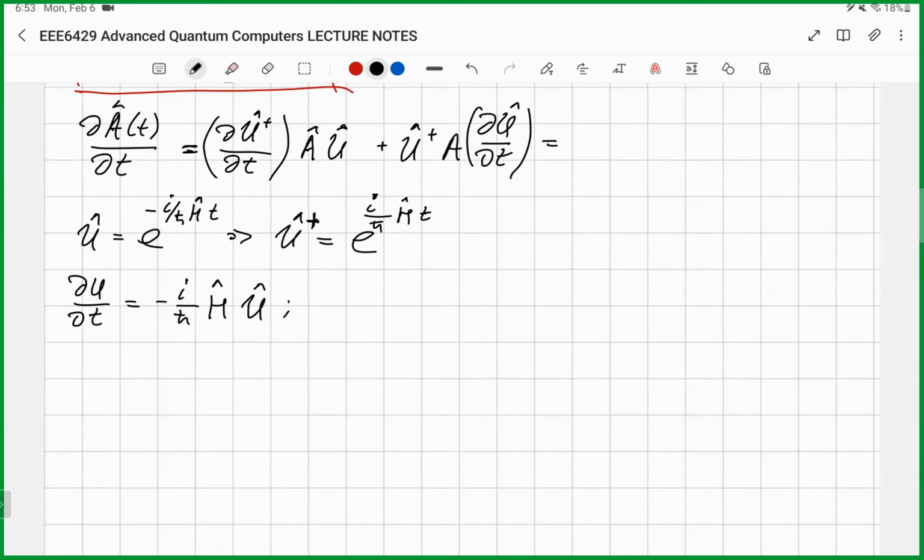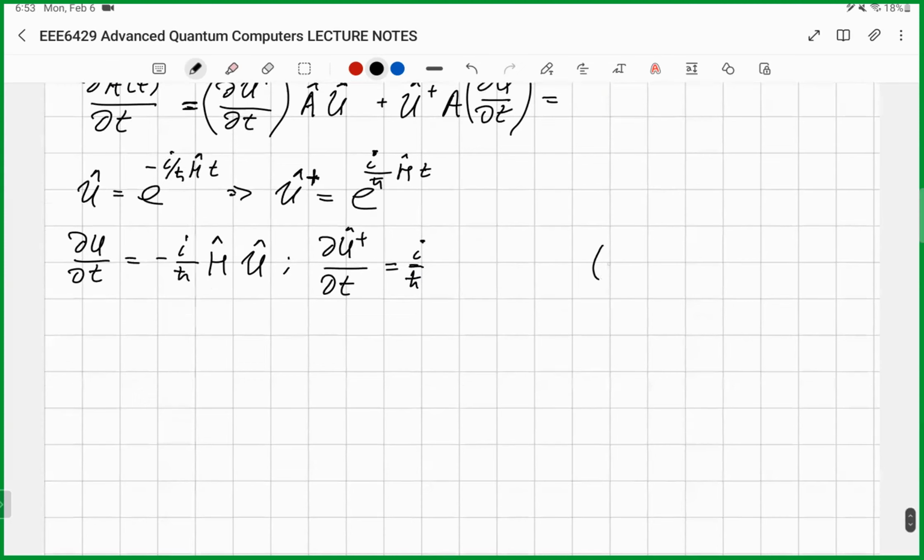And now I take the Hermitian conjugation of this to get my time derivative of u dagger, and the result will be plus i over h, and then, you remember, when I have two operators A and B and take the dagger, I have to write B dagger times A dagger. So in this case I have H and U, so the result will be U dagger times H.